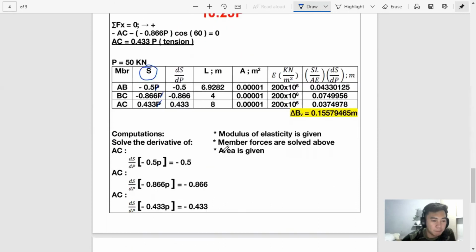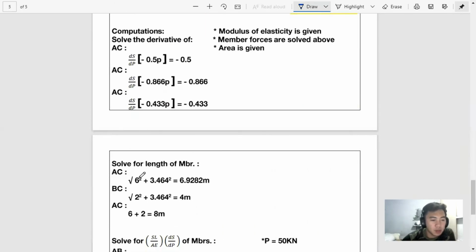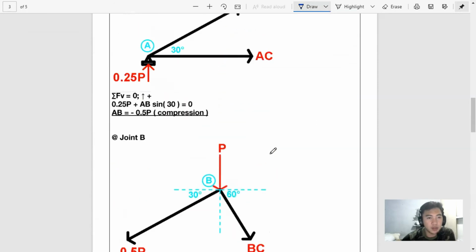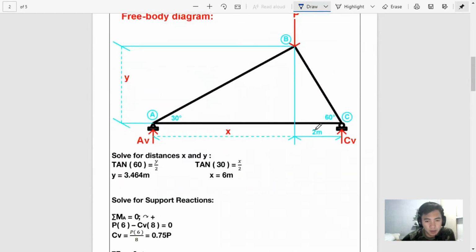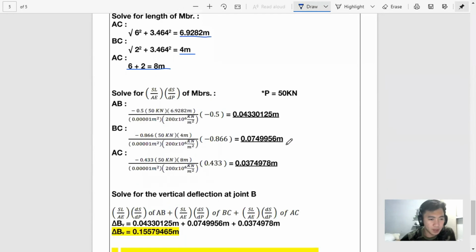AB is 6.9282 meters, while BC is 4 meters. But here, we just have to add the length x plus 2 meters, which is this one.